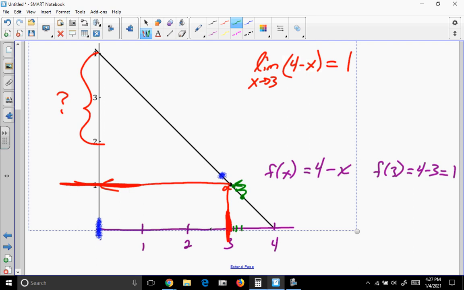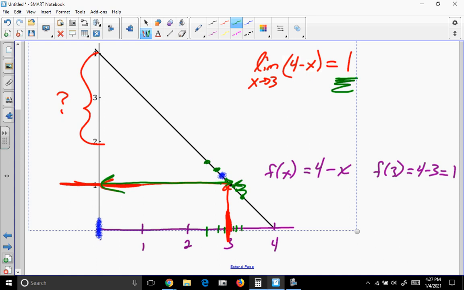If we picked points a little bit to the left of 3, our y values would be getting closer and closer to there, which is a y value of 1. So what are we getting closer and closer to? We're getting closer and closer to a y value of 1.